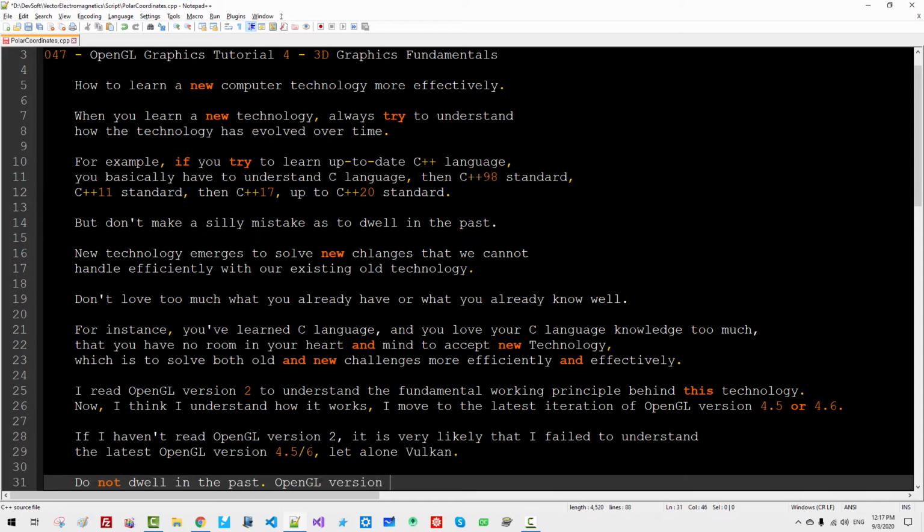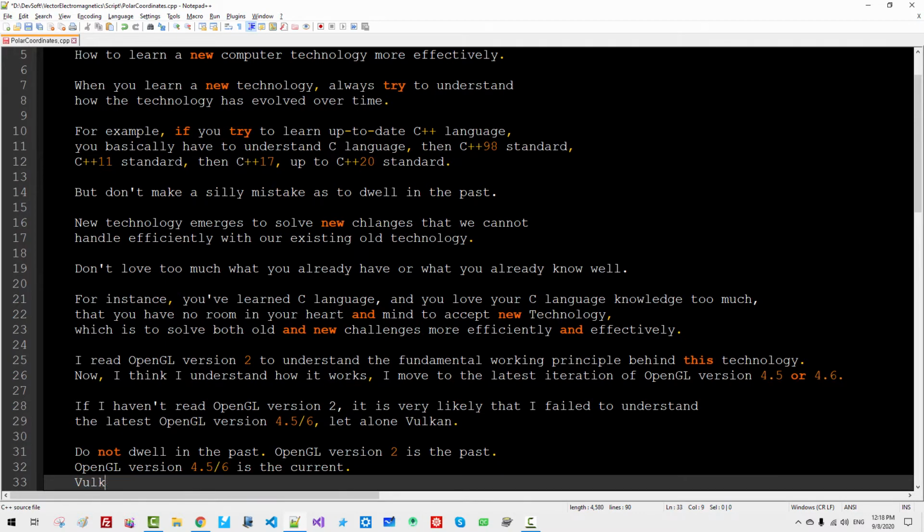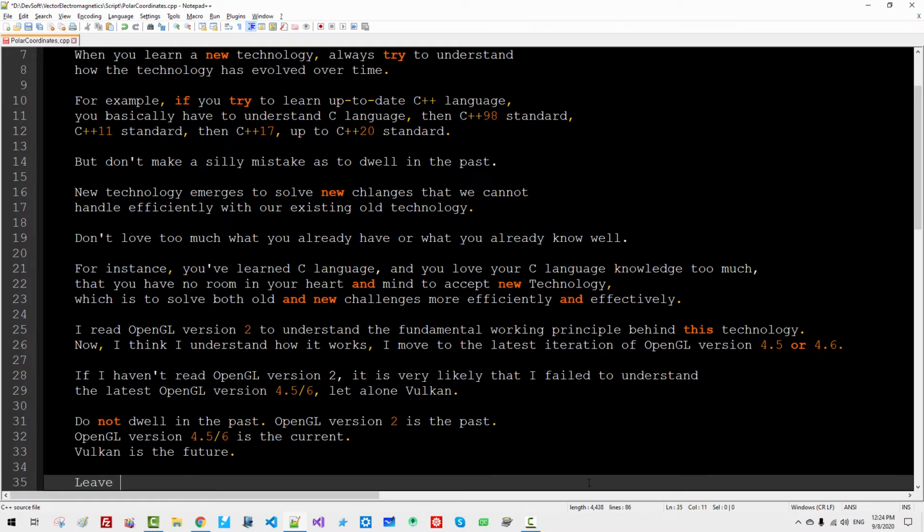OpenGL version 2 is the past. OpenGL version 4.5 or 4.6 is the current. Vulkan is the future. Leave room in your heart and mind to embrace new theories and technologies.